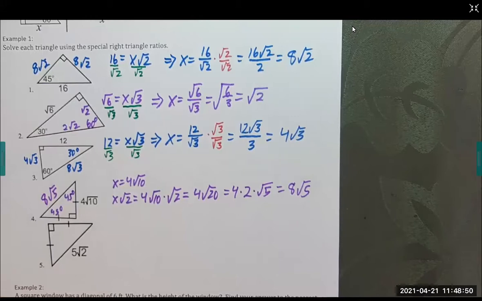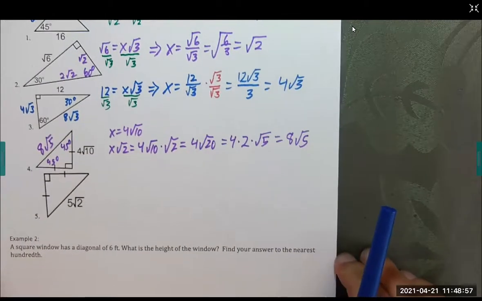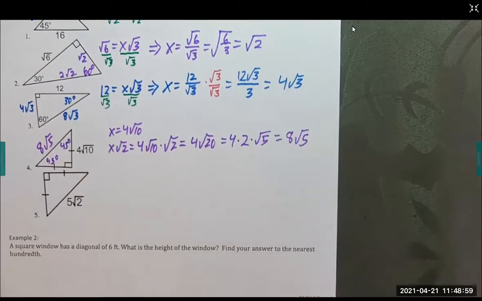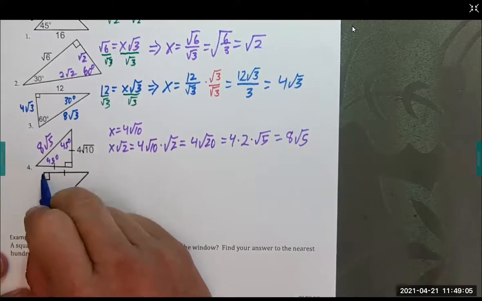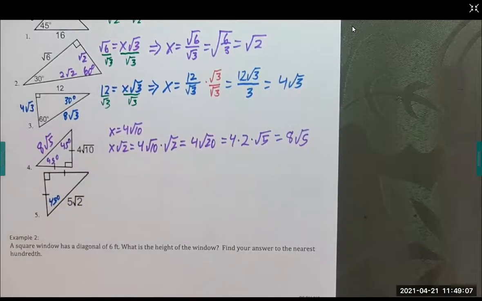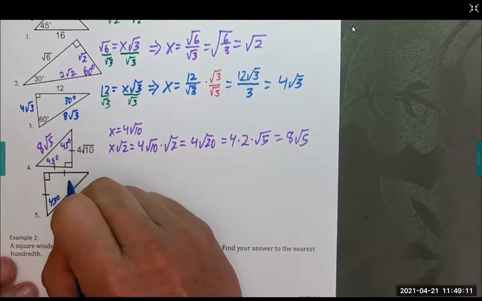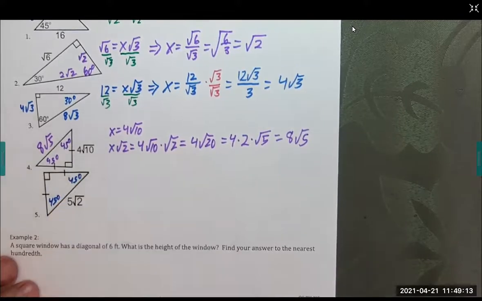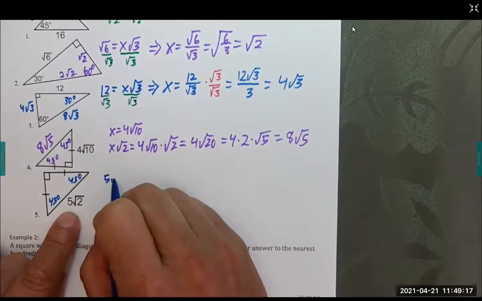And we have one last example of these triangles, and we have one more here. So here, once again, we have a 45-45-90 triangle. I know that because the two legs that make up the right angle are the same length. We have, again, an isosceles triangle. So we have that the hypotenuse in this case is 5 root 2.